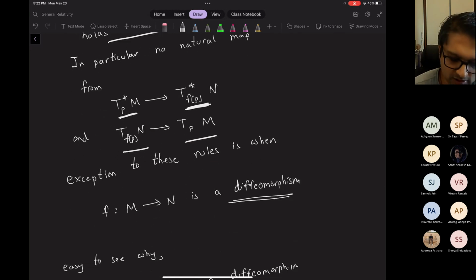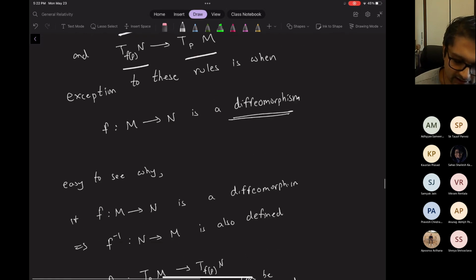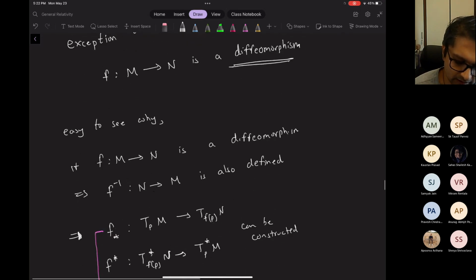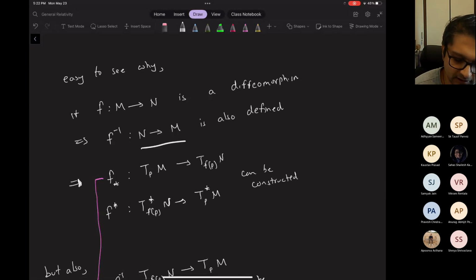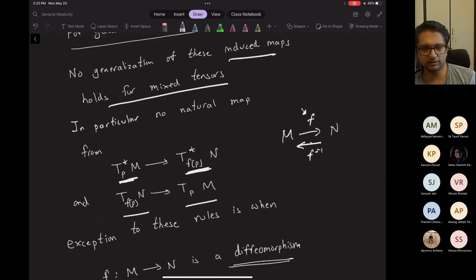The exception to these rules, as asked earlier and pointed out by Kaustav, is when the map F is invertible. That is, if there's a map from M to N but that also gives you an inverse map, F inverse, then the map from M to N is a diffeomorphism, a one-to-one map between M and N. In that case, if F from M to N is defined and F inverse from N to M is defined, then it is actually possible to do the reverse thing, which is to push forward dual vectors and to pull back vectors.